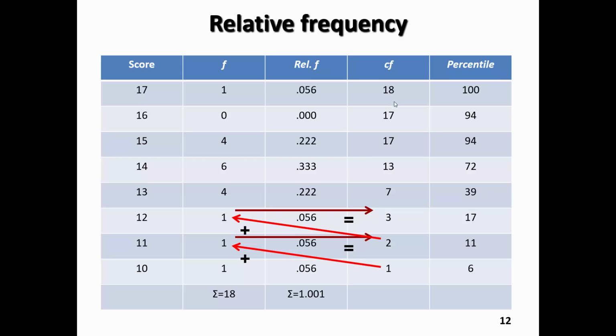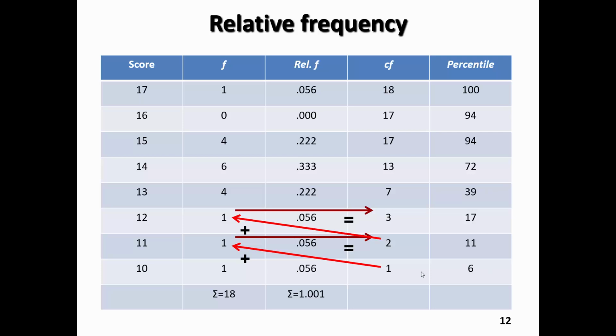The last column on the right hand side is the percentile. The percentile is calculated by just taking the cumulative frequency that we've just finished completing here and dividing it by the sample size and then multiplying it by 100%.